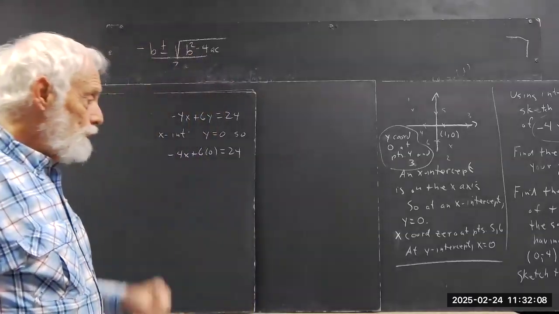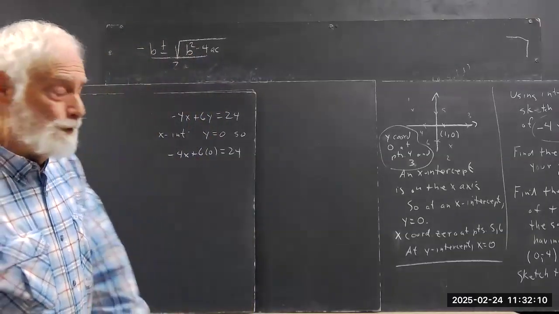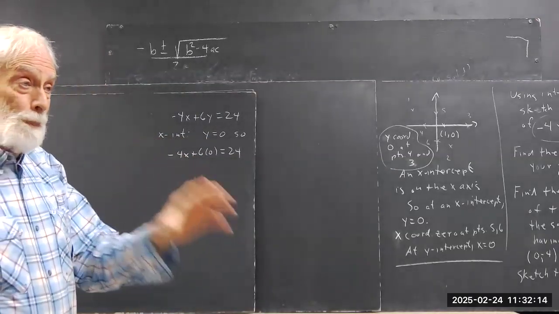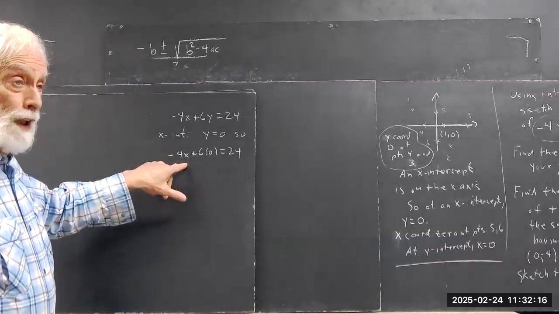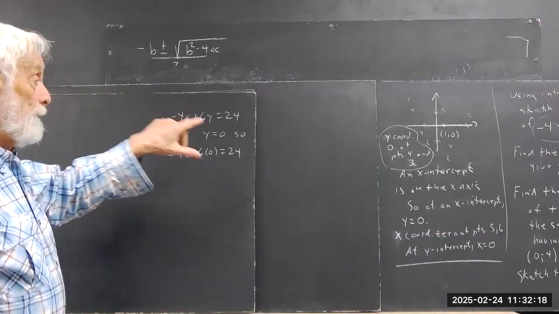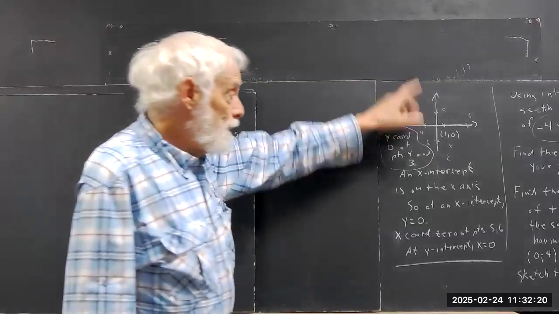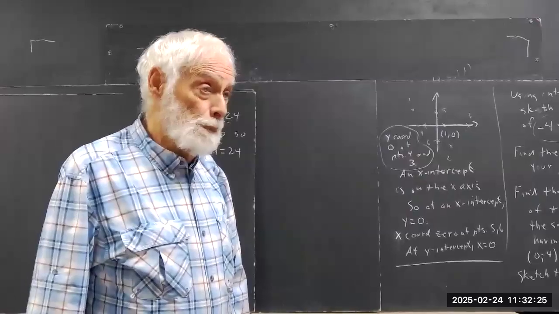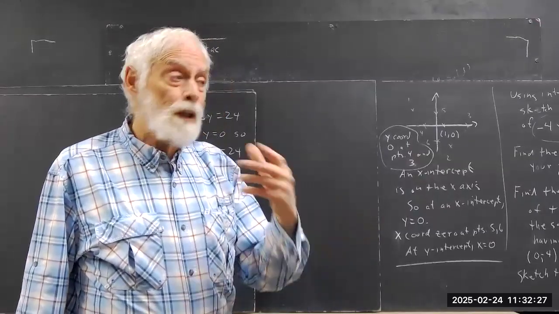What I'm strongly recommending is you make sure you have this idea. And anytime you're looking for intercepts, this is how you think. Okay, x-intercept, y has to be 0 because every point on the x-axis has a y-coordinate of 0, as you know.